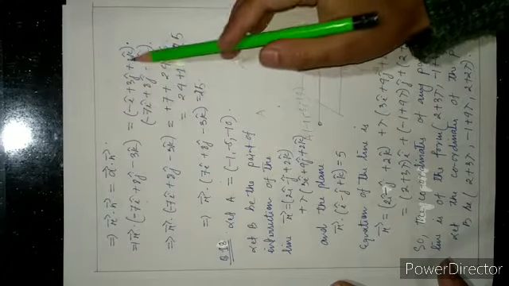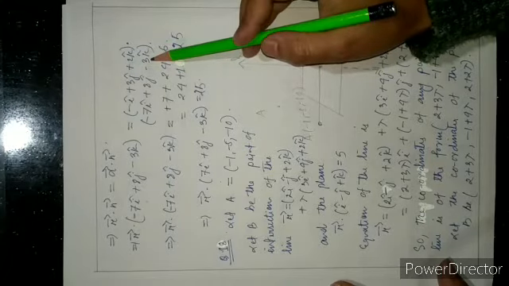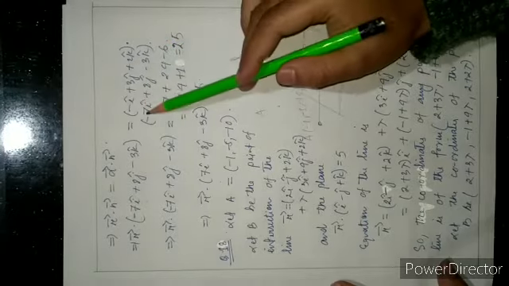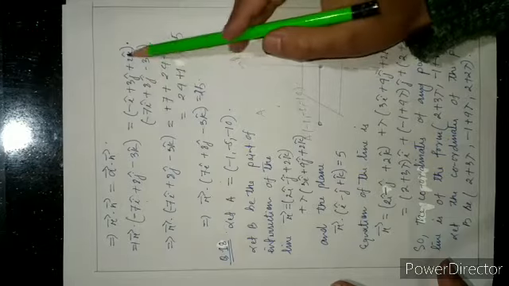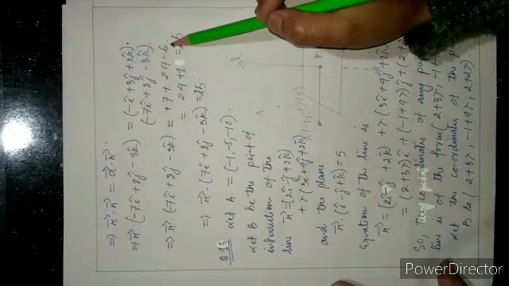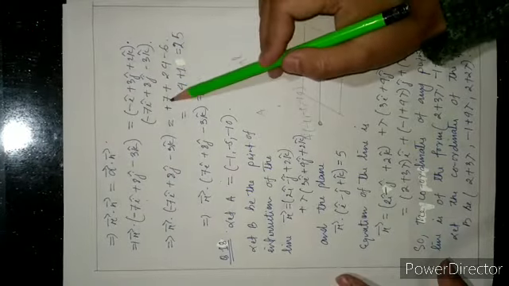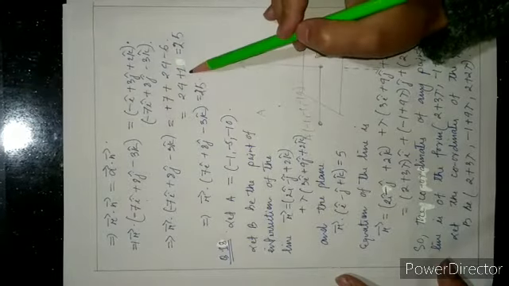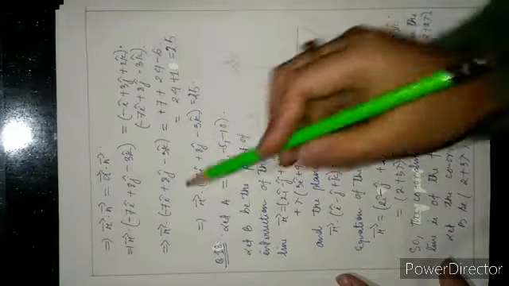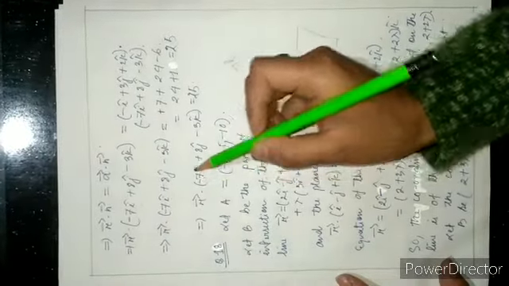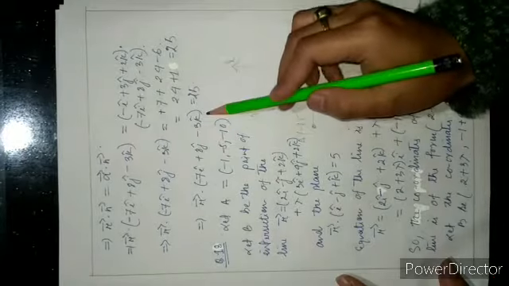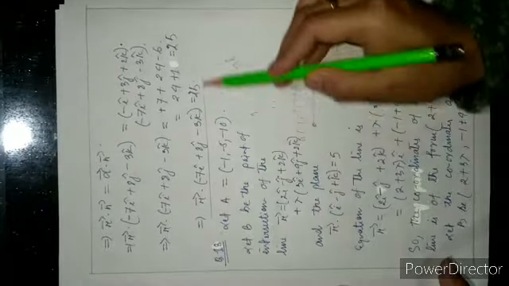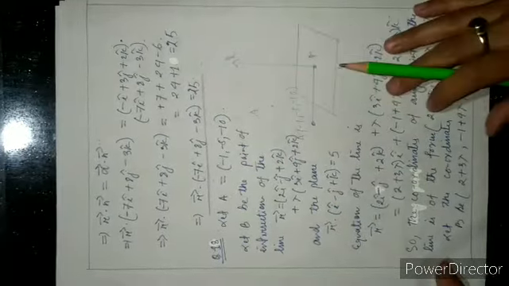The scalar product of two vectors in terms of components is the sum of the products of corresponding components: -1 into -7 is 7, 8 into 3 is 24, and 2 into -3 is -6. 7 plus 24 minus 6 gives 25. And hence the required equation of the plane is r vector dot (-7i cap + 8j cap - 3k cap) is equal to 25.